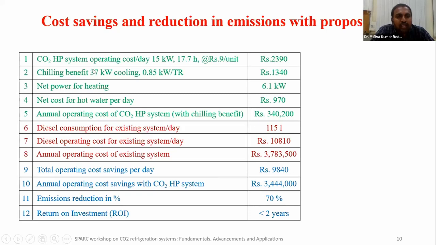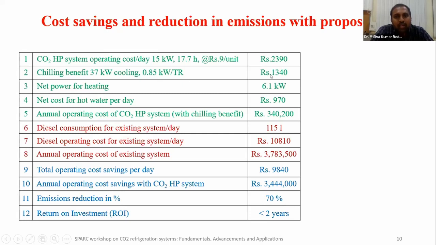And additionally, we are getting 37 kilowatts of cooling as chilling benefit, at 0.85 kilowatt per TR. Because we are supplying this 37 kilowatts of cooling, this same load can be reduced in the existing chilled water loop. This is the amount we are saving per day.